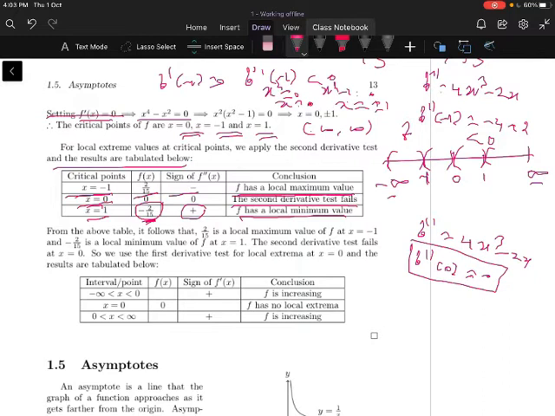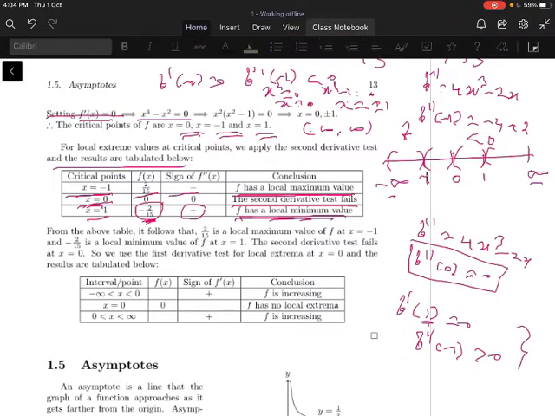Minus 2 by 15 is the local minimum value. How do you say it is a local minimum value? Because f dash of 1 is equal to 0 and f double dash of 1 is positive. Therefore the function f has a local minimum value at x equal to 1. So that minimum value is minus 2 by 15.